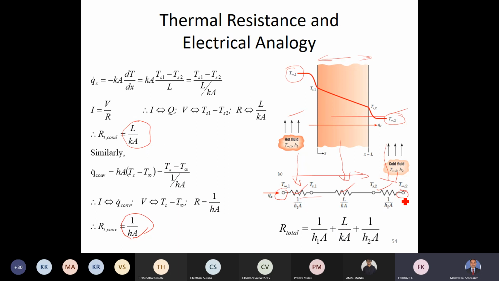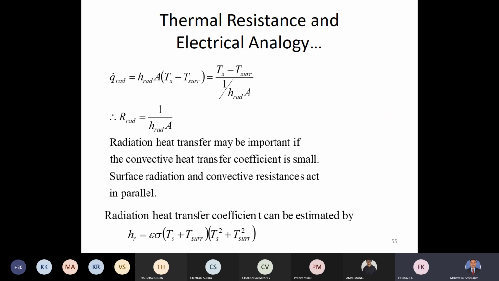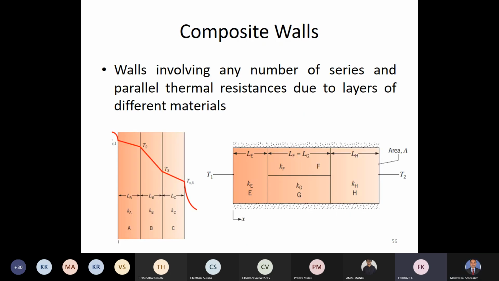Since these resistances are in series, we can add them just like we do in electrical technology. Similarly, we have seen about radiation resistance, and we have also seen how radiation heat transfer can be calculated. Then we came to composite walls, where not just one slab, but a series of slabs are placed next to each other.